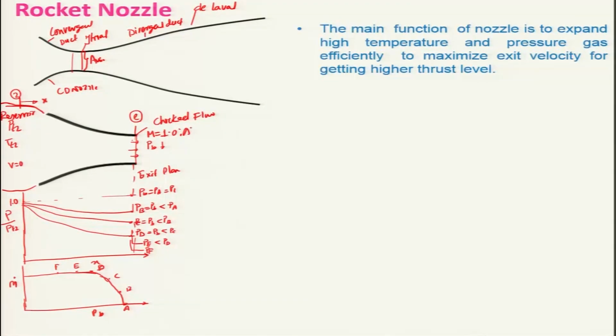is the area corresponding to star, that is the choked mass flow rate condition, and density, temperature and pressure. These are all corresponding to the choked condition, and therefore with this convergent nozzle you cannot really increase the exit velocity beyond 1.